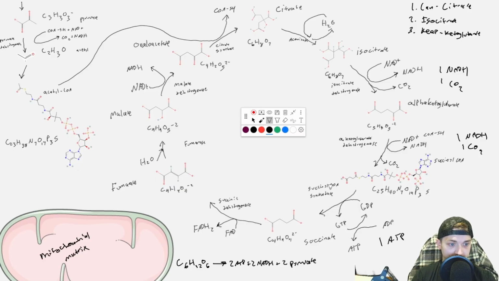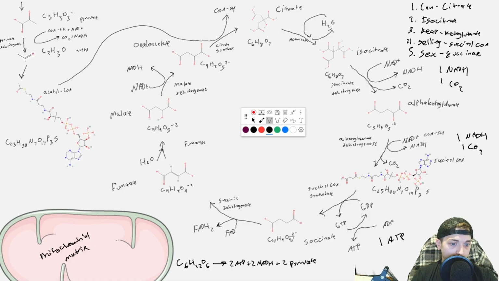Once succinyl-CoA synthetase reacts and we get our 1 ATP, we are going to be left with succinate. So step 4 is succinyl-CoA, and then we have 5, which is succinate.